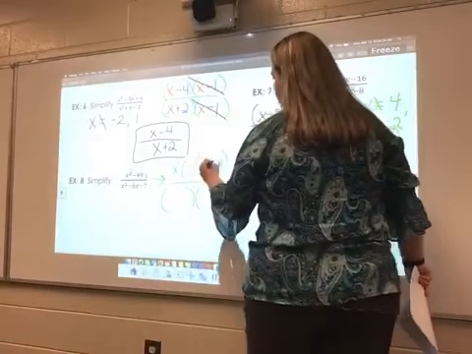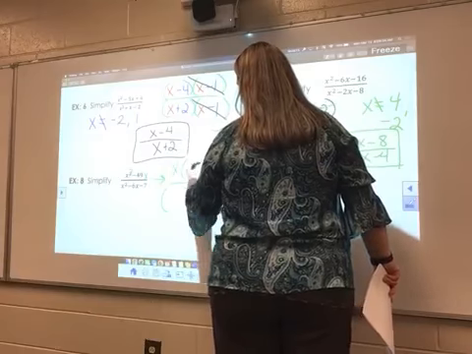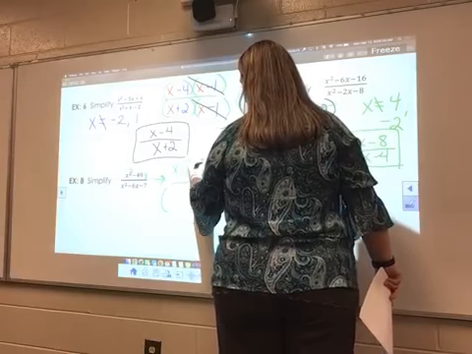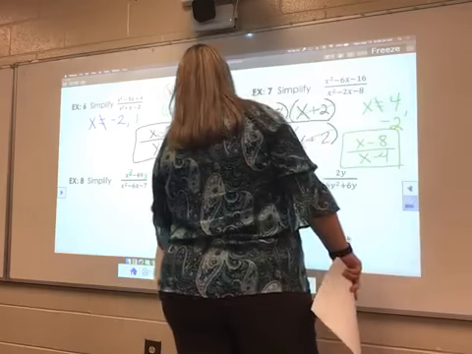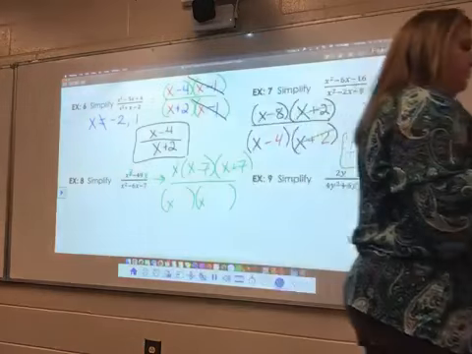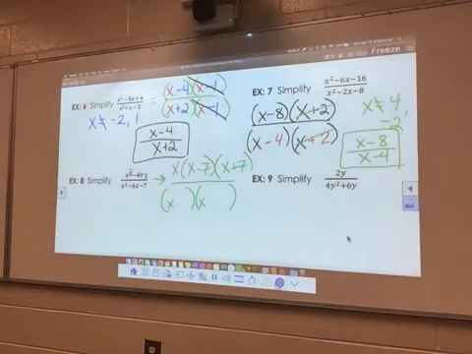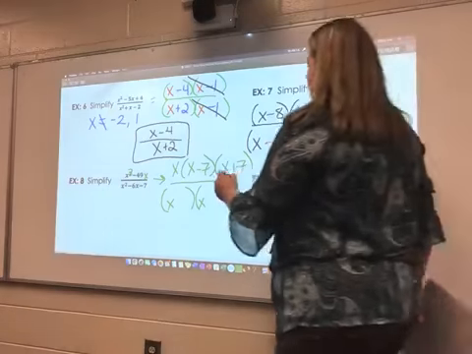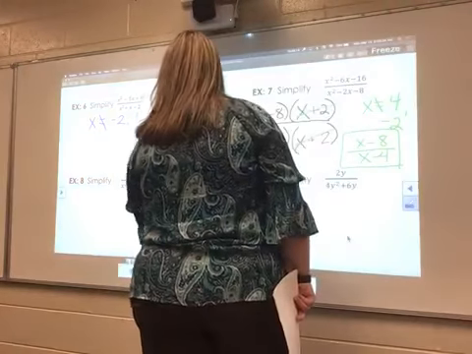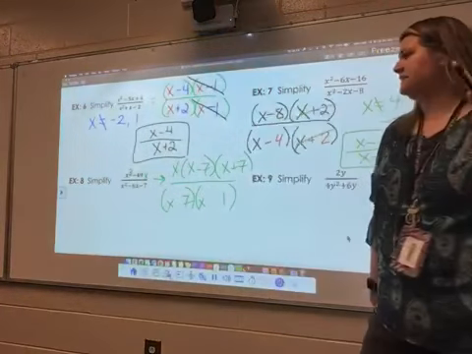And just because of space, I'm just going to rewrite this. Okay. So now that we have factored out everything in my numerator, now I can go ahead and pick on my denominator. It looks like we've got 7, and then I take out of that. So the only factors that 7 has, because it's prime, are 1 and 7, right? Now I need 7 to be negative, but I also need 6 to be negative.